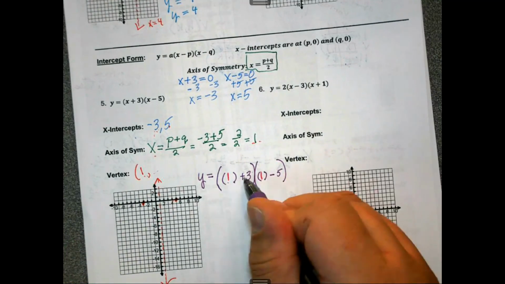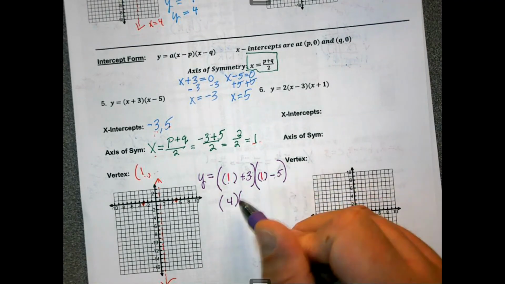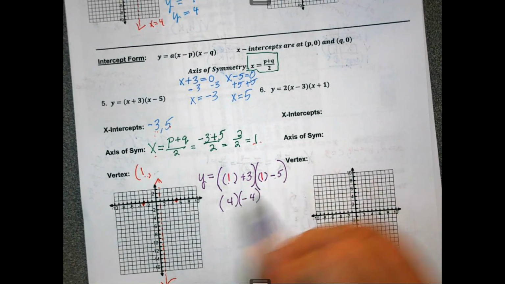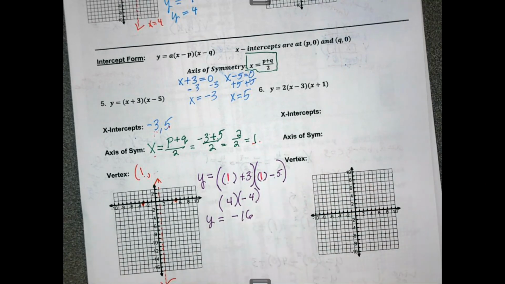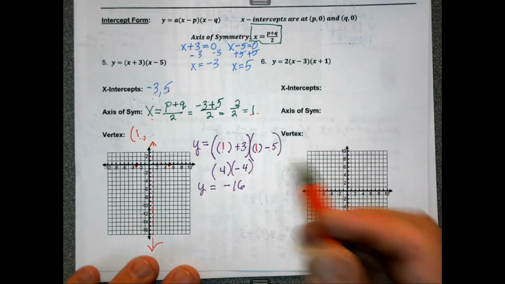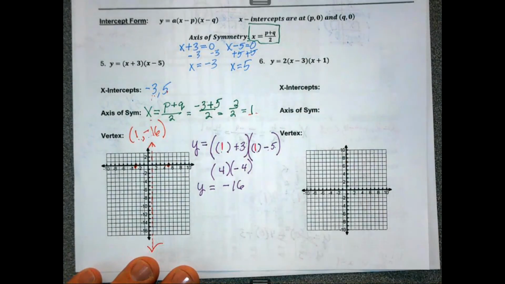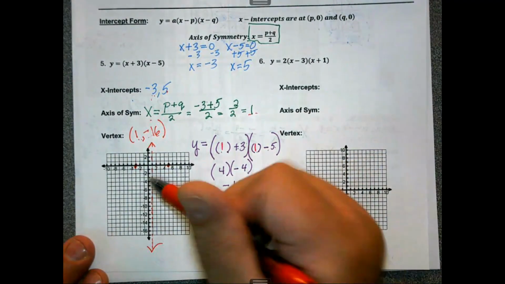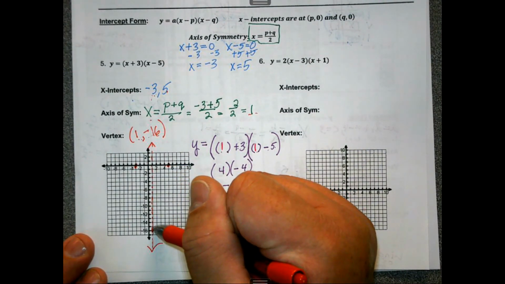So I get 1 plus 3 is 4. 1 minus 5 is negative 4. So my y is going to equal negative 16. So there's my y coordinate, negative 16. So my vertex, 1, negative 16.